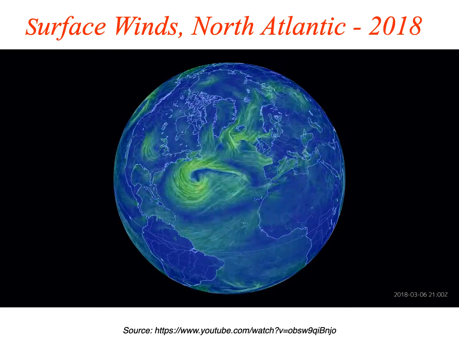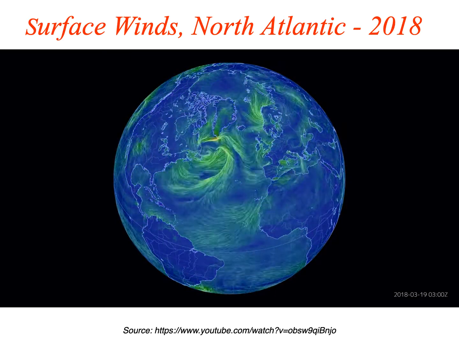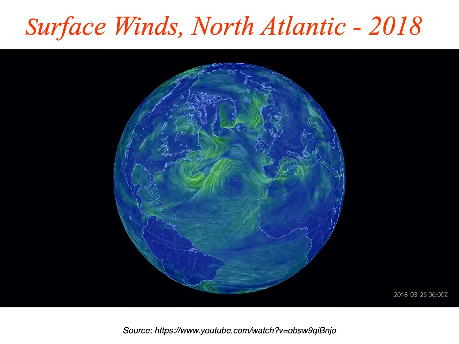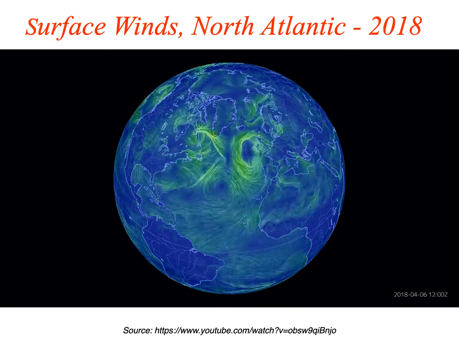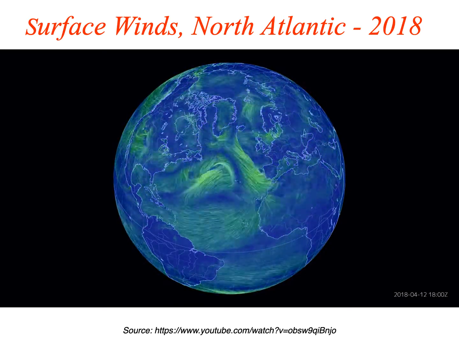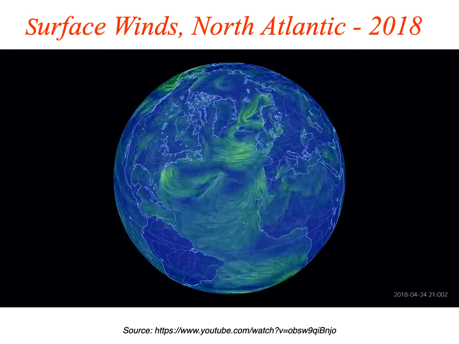Oh, sorry, we're in winter, so a lot of these are actually swirling out of central North America and moving across, hitting Europe. And you can see the counterclockwise flow.